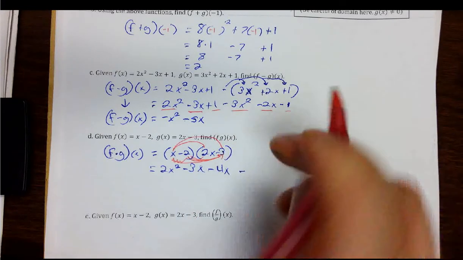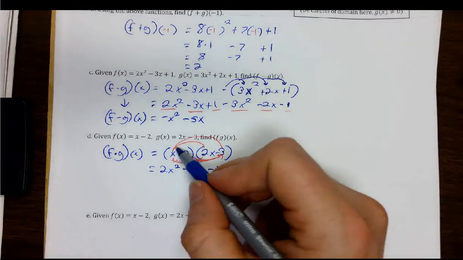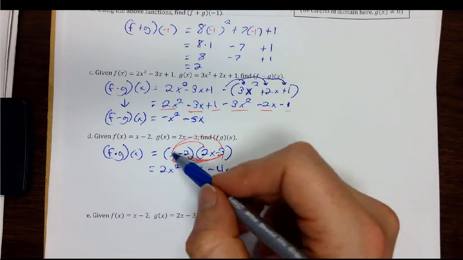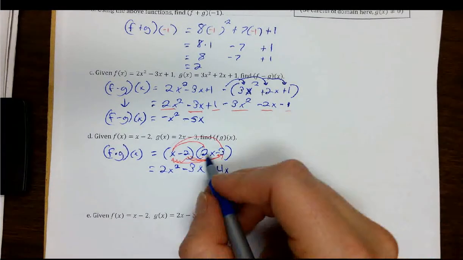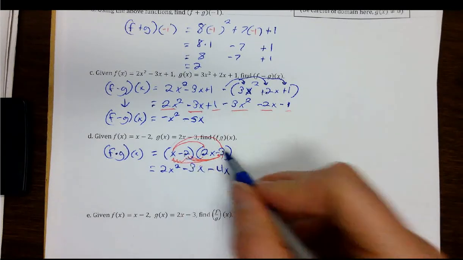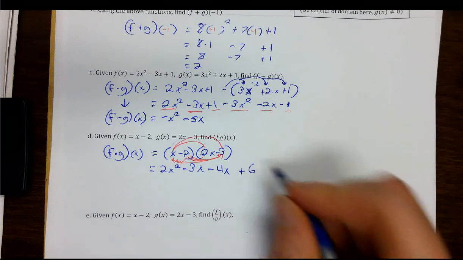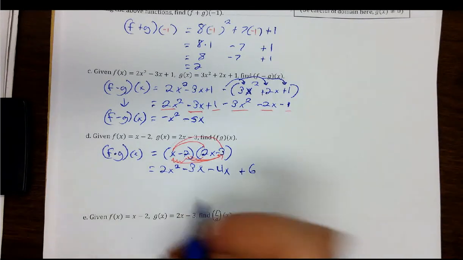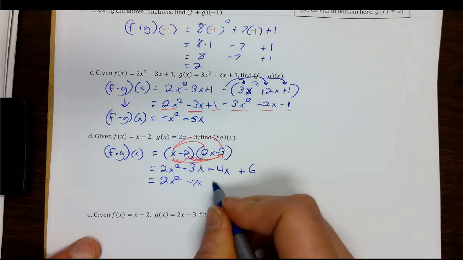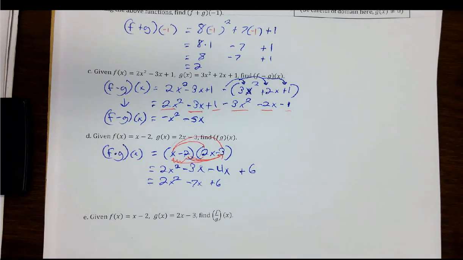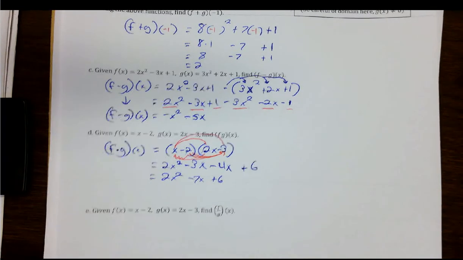There we go. I need to get my last terms. First, outer, inner, last. So the last terms are negative 2 times negative 3 to get positive 6. 2x squared minus 7x plus 6 is our new function, f times g.